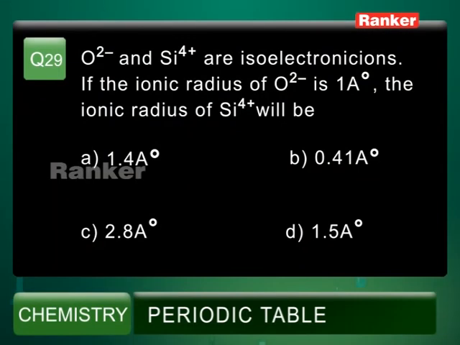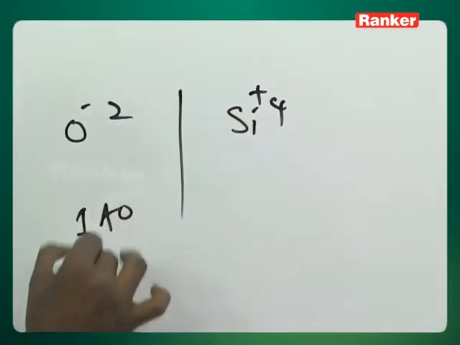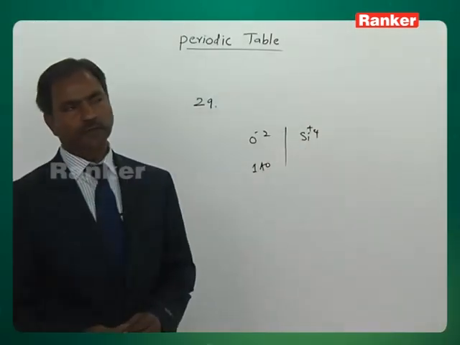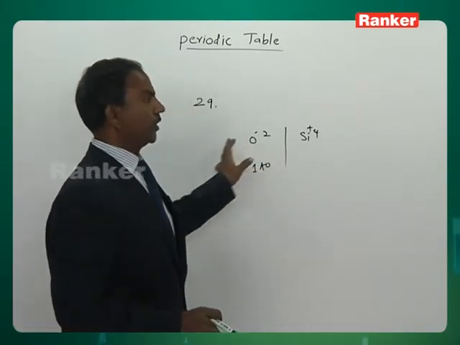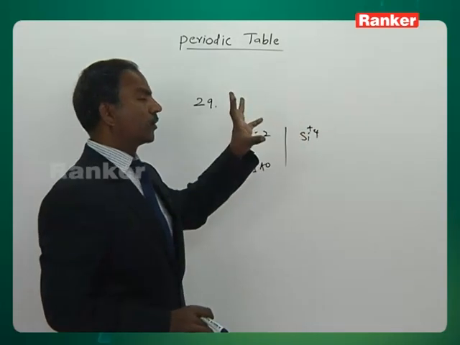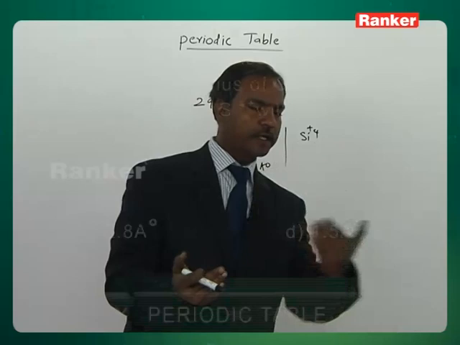The ionic radius of O minus 2 is given as 1 angstrom. What is the ionic radius of silicon plus 4? One is the anion, the other is the cation. Moreover, a tetrapositive cation is very small in size in comparison to O minus 2.